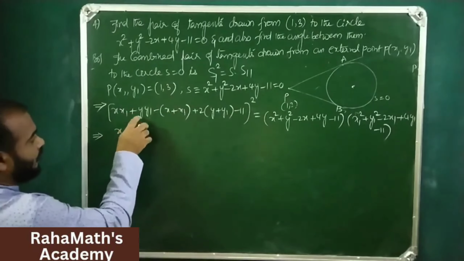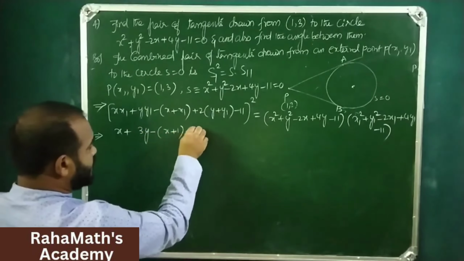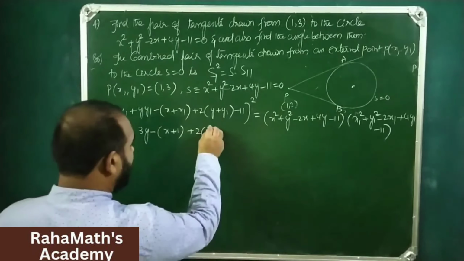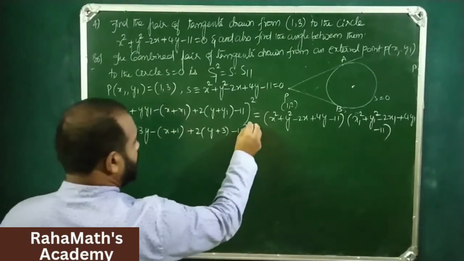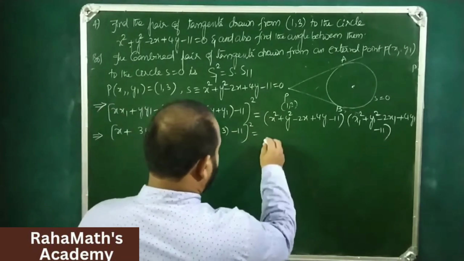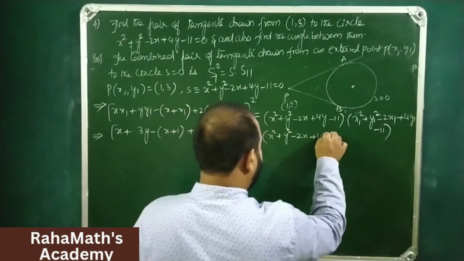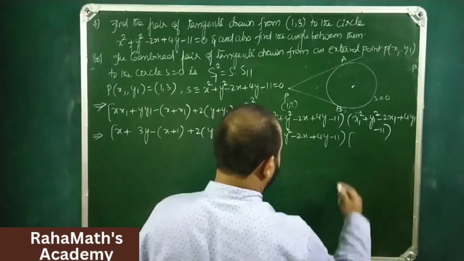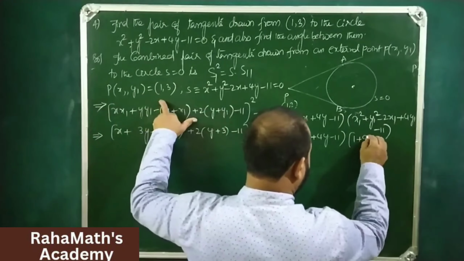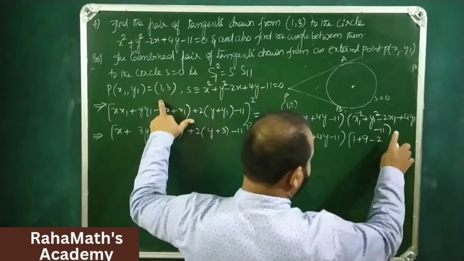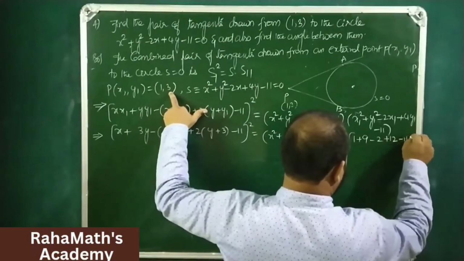So (x plus 3y minus (x plus 1) plus 2 into (y plus 3) minus 11) whole square is equal to (x square plus y square minus 2x plus 4y minus 11) into (1 square plus 3 square, 9, minus 2 ones are 2, plus 4 threes are 12, minus 11).